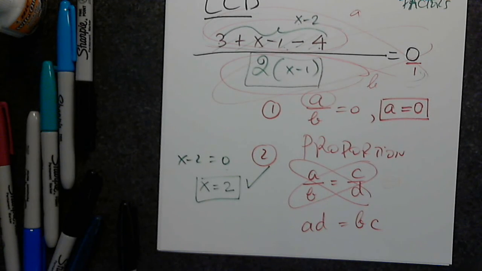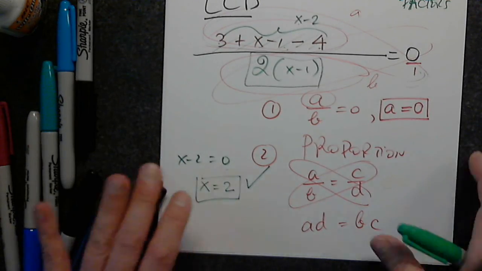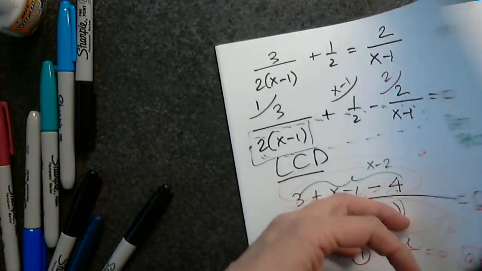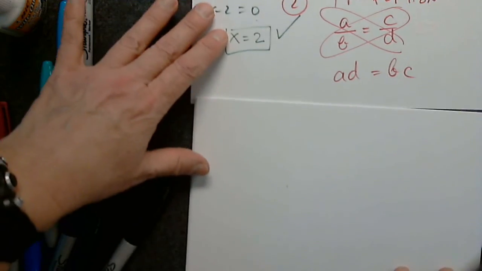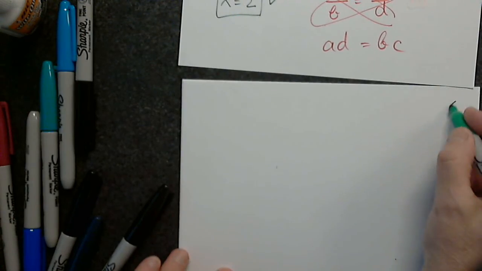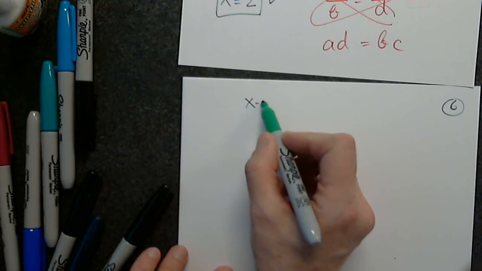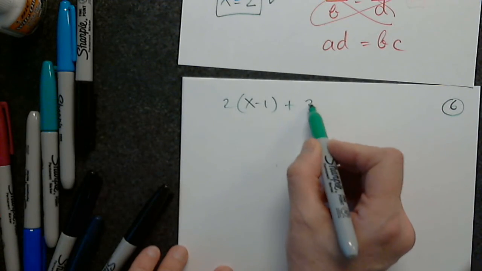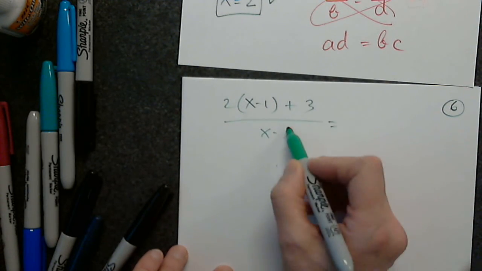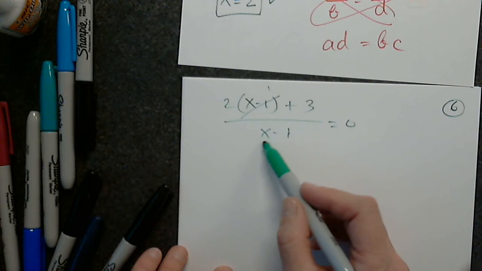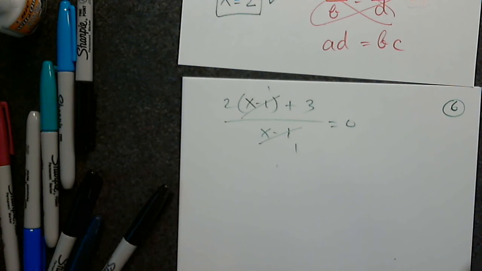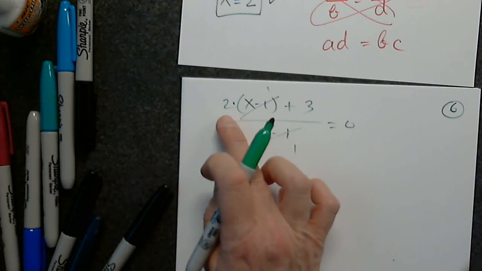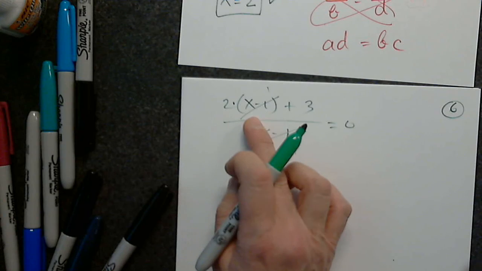The reason why I don't use that method is because students will be tempted, not everyone, but students will be tempted, and here's why. For example, I have something like this. Students will do this. Is this correct? No, it's not, because this is a product of two factors.